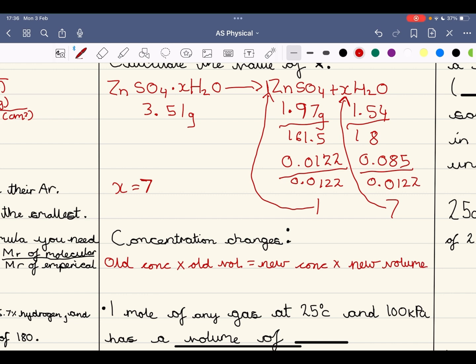So just remember, old equals new. Also, just to be clear, the new volume means the old volume plus additional volume, so the volume that you added.